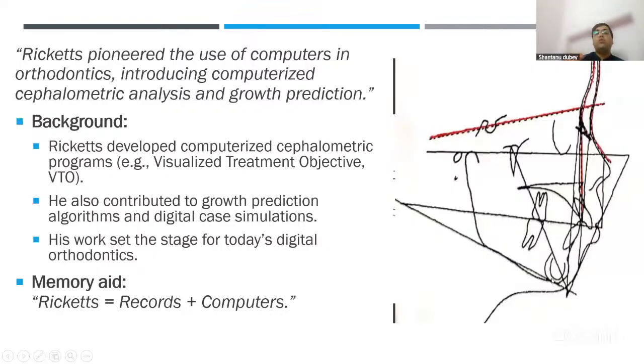I mean, how the patient would look after distalization and after extraction. So this will help you decide what needs to be done. If the facial profile is much better in extraction cases, then you can always go for extraction. And if it is better in distalization case, then you can always go for distalization. So Ricketts for records and computers.